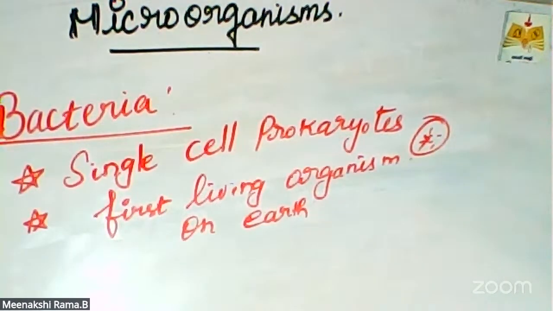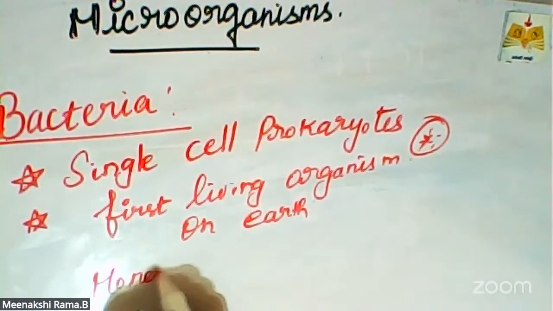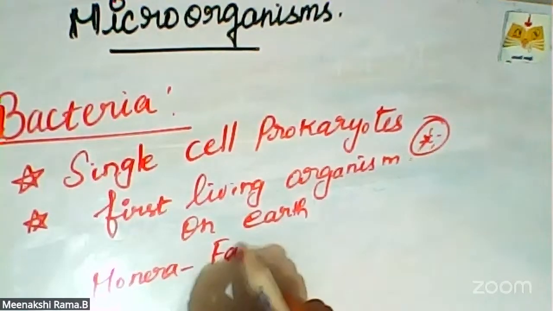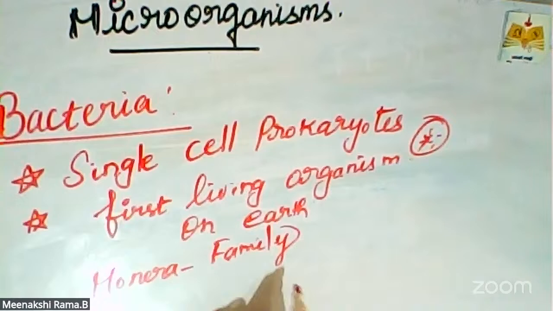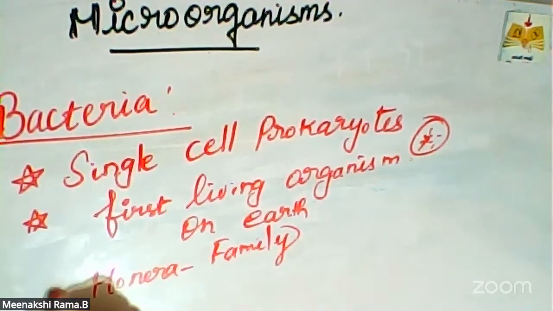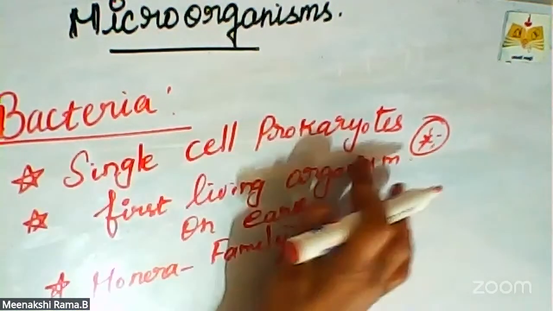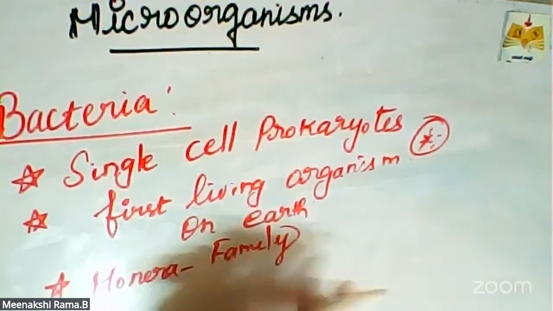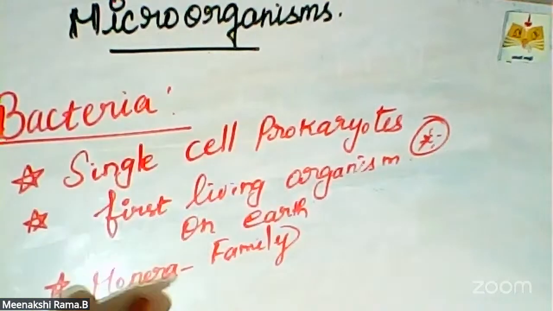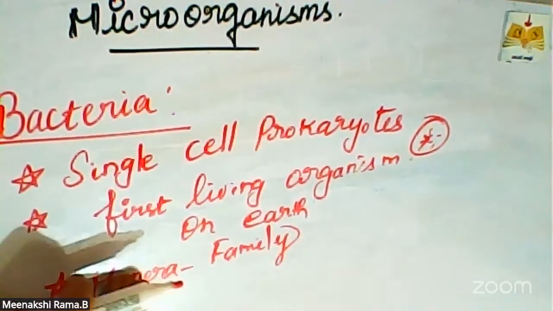Bacteria are grouped under the kingdom of Monera. So bacteria are under the category of the Monera family. First, single cell prokaryotes, and then first living organism on the earth is the bacteria, under the Monera family.